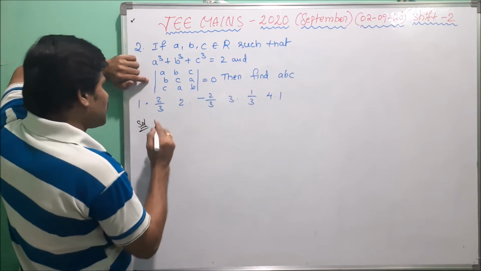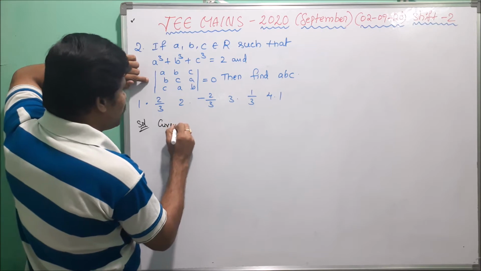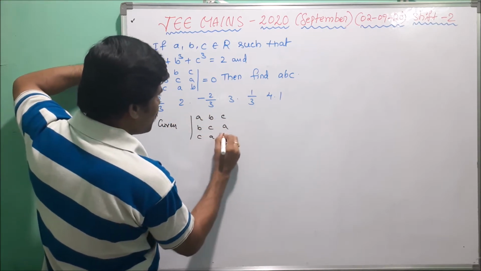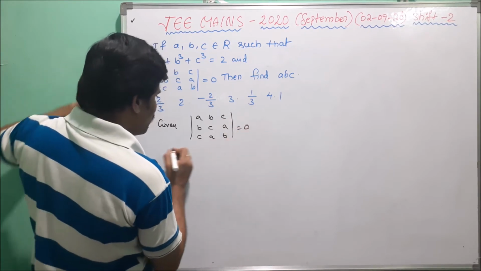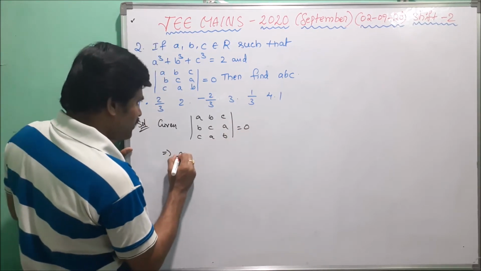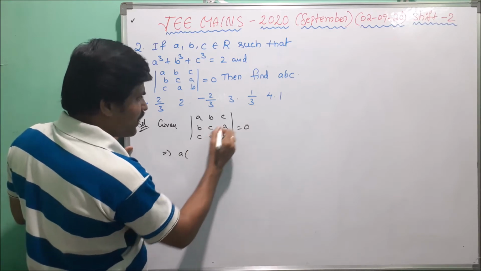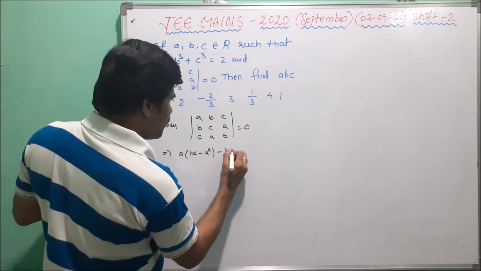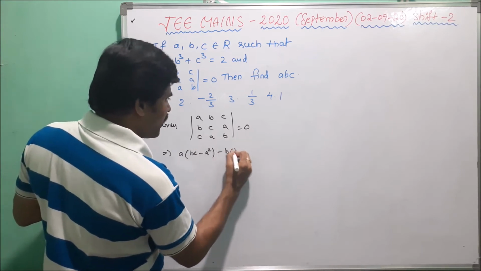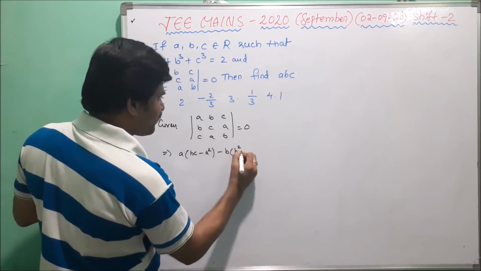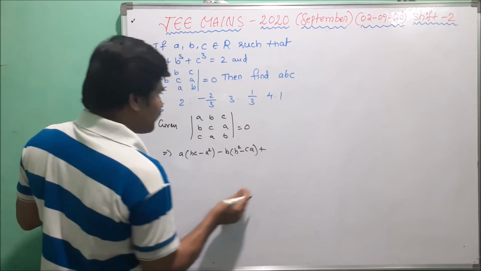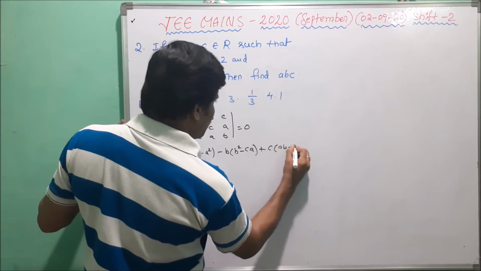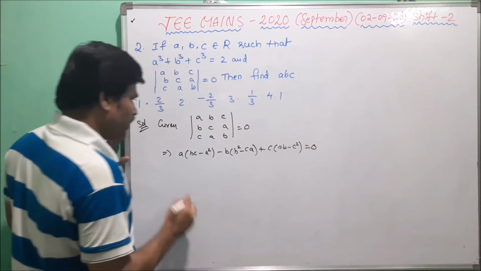Here we take the determinant, given determinant of a b c, b c a, c a b equals 0. Now it can be simplified: a into (cb minus a²), that is bc minus a², minus b into (b² minus ca), plus c into (ab minus c²), which equals 0, already given.